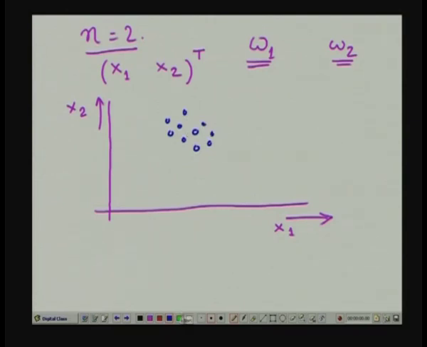And the feature vectors of the objects which belong to class omega 2, I represent as green circles like this. So, here you find that the feature vectors of the objects belonging to class omega 2 form a cluster something like this, and the feature vectors of the objects belonging to class omega 1 form a cluster like this.